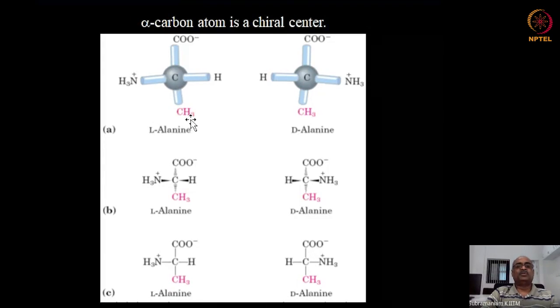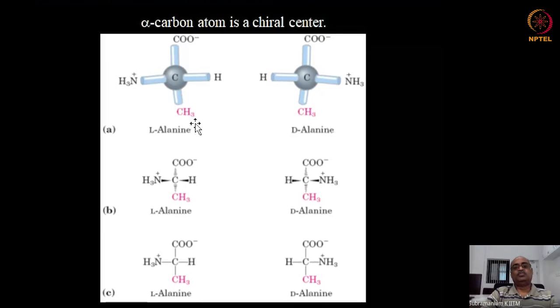Depending on the orientation here, you could have L-alanine or D-alanine. It talks about the orientation of these groups around the carbon. For example, if you see the relationship between these two, if it is the opposite orientation, then it is one version and the other one is the other version. So L-alanine has this orientation and D-alanine has instead this orientation.